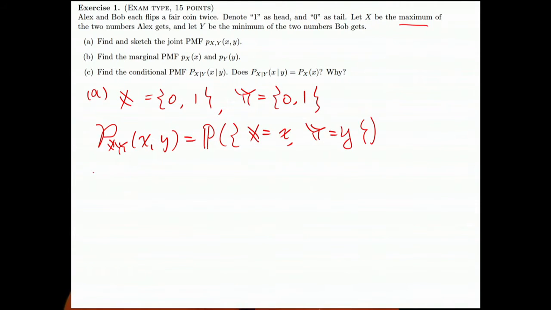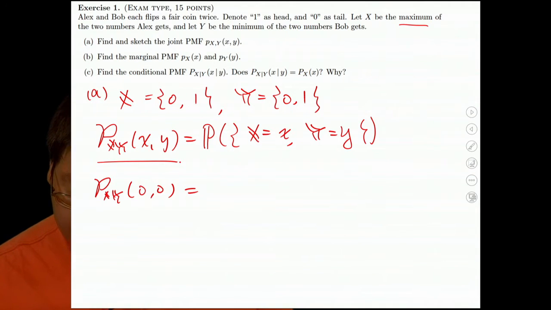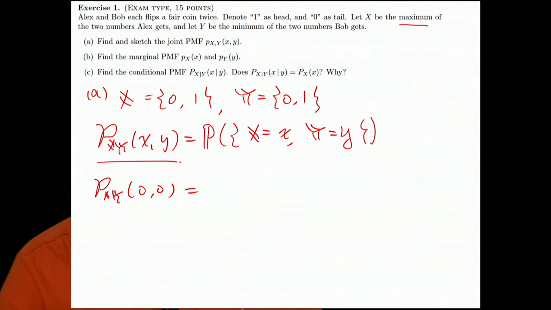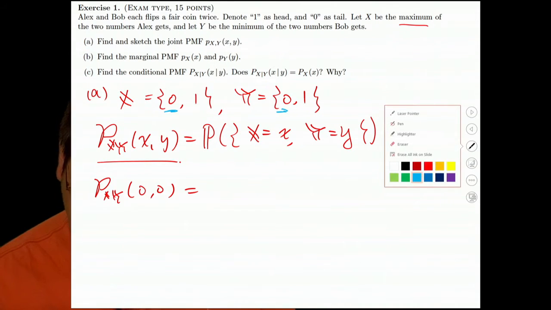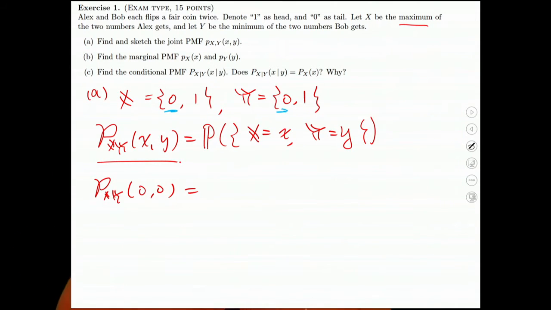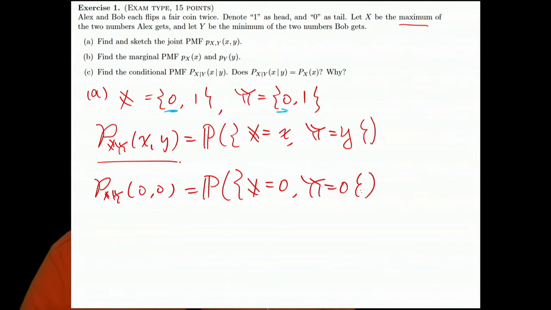So now I want to find, first, if x and y are 0 and 0, that means my probability x equals 0 and y equals 0.